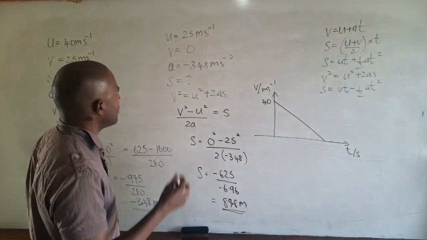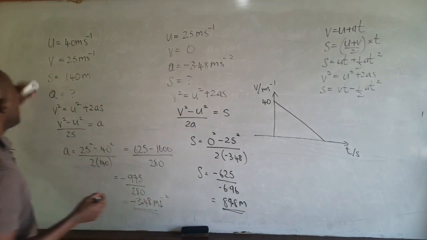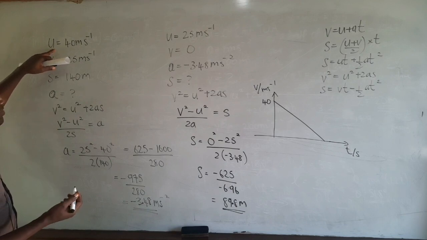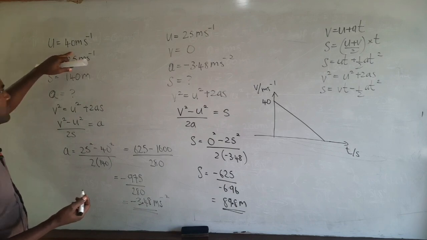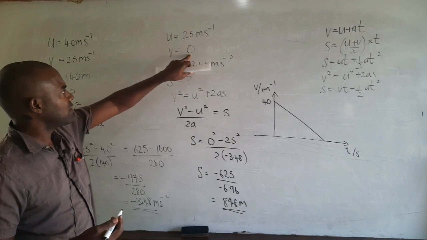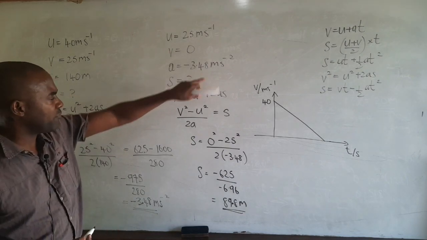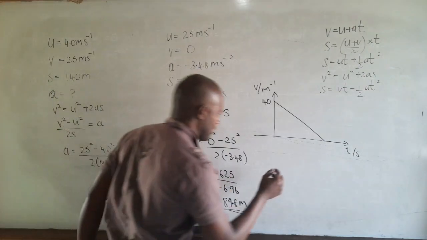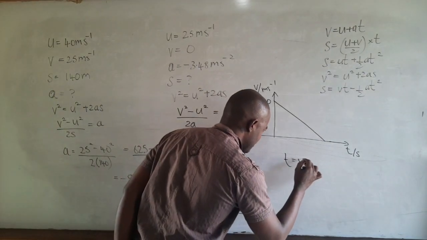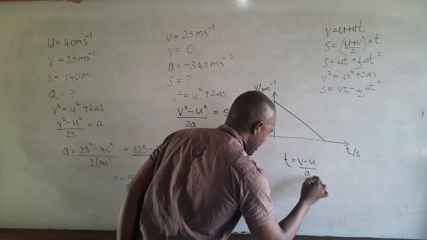So for this case, we want to find the time taken t. We have the initial velocity, let's say 40. We have the final velocity 0. And of course, we have the acceleration minus 3.48. And to find the time taken, we use t is equal to v minus u over a.